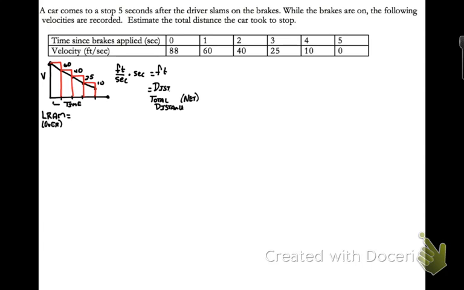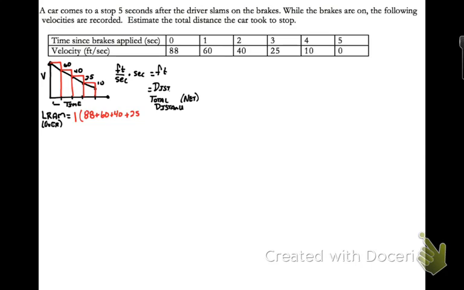The width of my 4 rectangles is all 1. So they are the same width, which means I can use distribution. And the height at each spot in this case would be 88 plus 60 plus 40 plus 25.